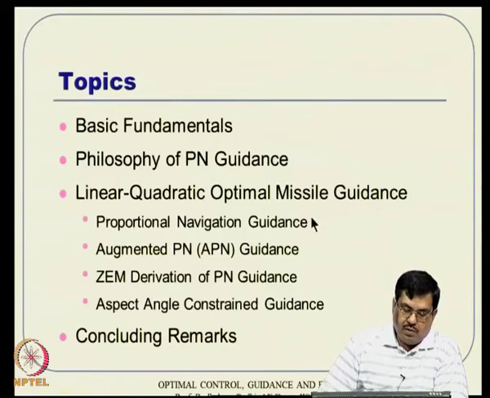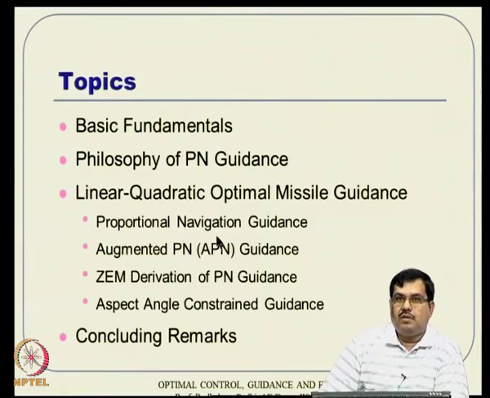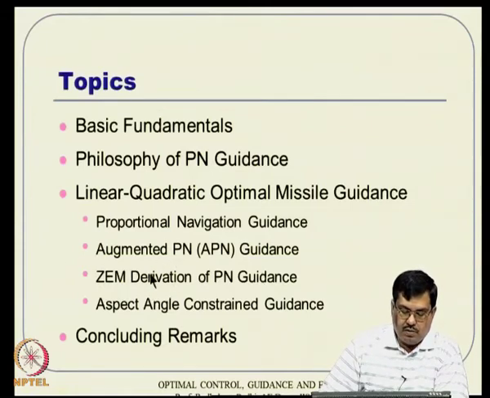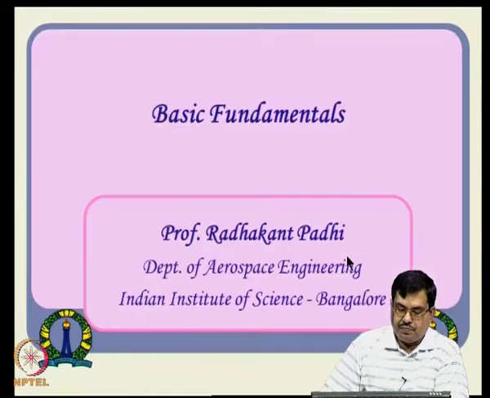Then in that framework we will study various classes, mostly in 2D: proportional navigation guidance, augmented proportional navigation guidance, then the same derivation through the zero effort miss concept of the PN guidance, and also aspect angle constraint guidance. We will have some concluding remarks at the end of the lecture.